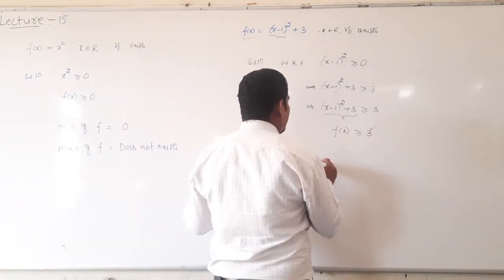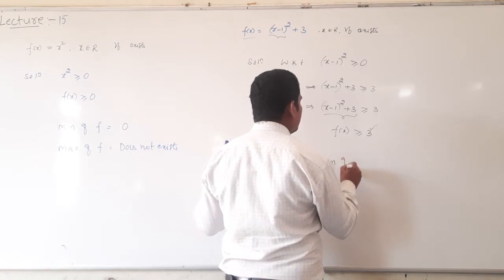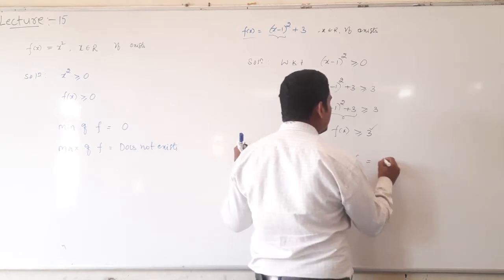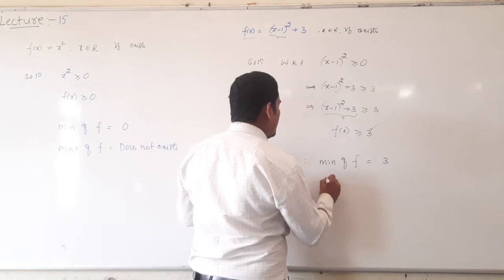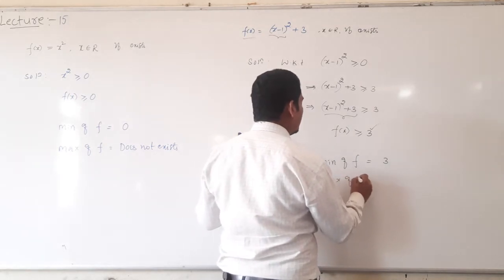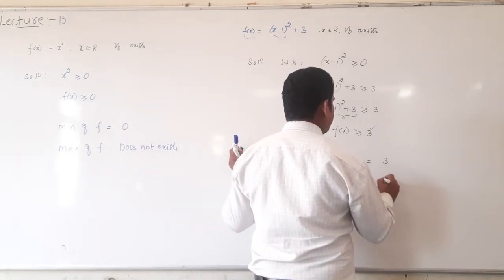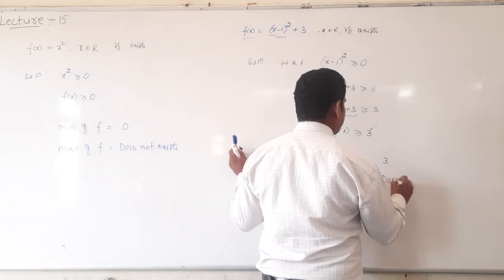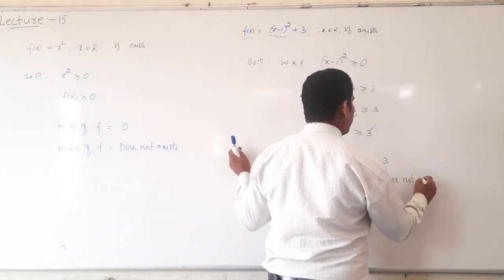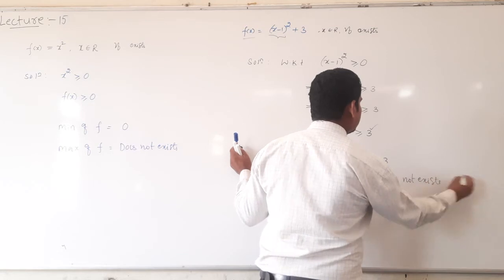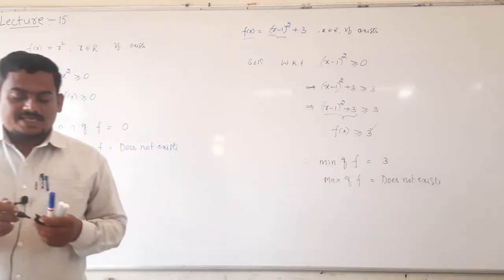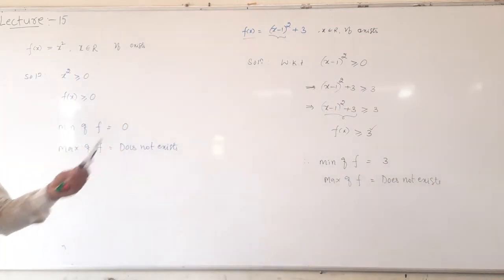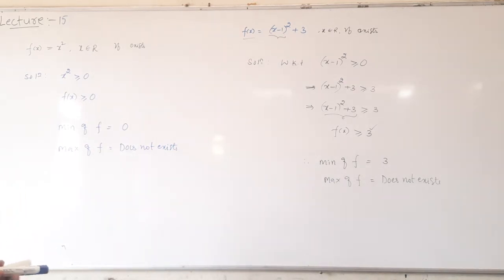Therefore, the minimum of f is equal to 3, and the maximum of f does not exist, right? The maximum of f does not exist for this function, but the minimum value is 3 only.